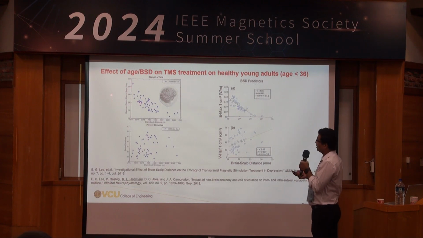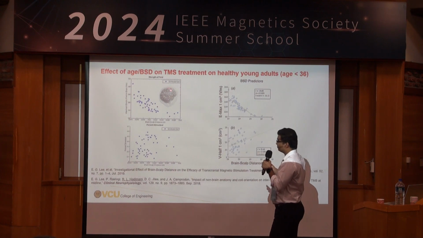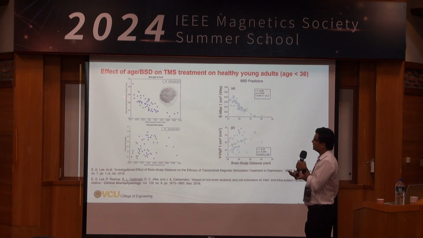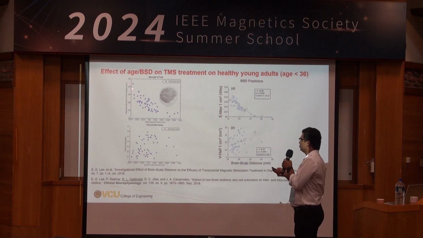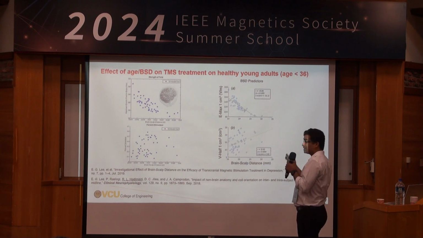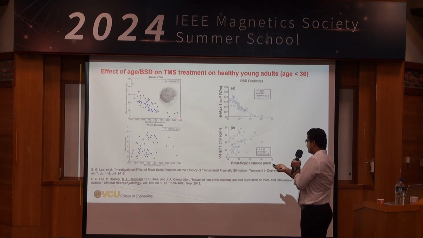So we built head models of these 50 subjects and calculated their induced electric field for different intensities, and we looked at the induced electric field, this is the maximum, for maximum intensity, as a function of brain-scalp distance. So we see that as the brain-scalp distance increases, the induced electric field decreases.